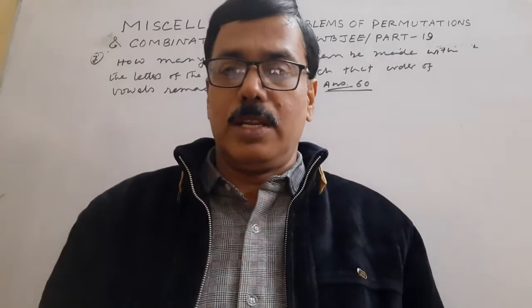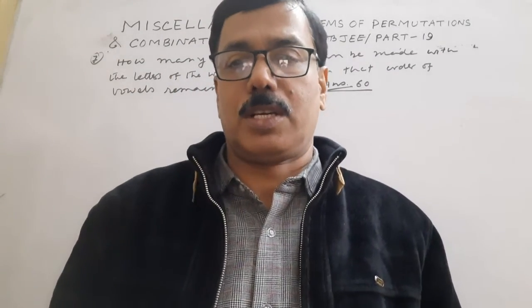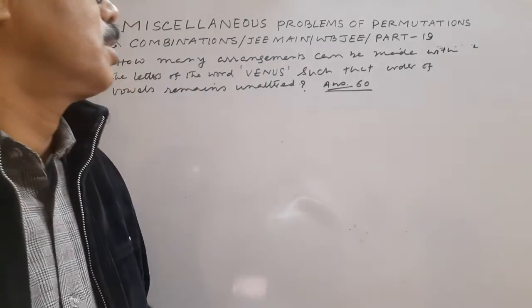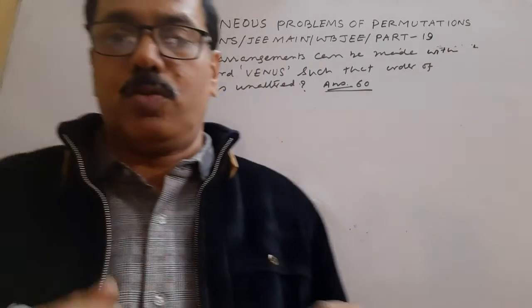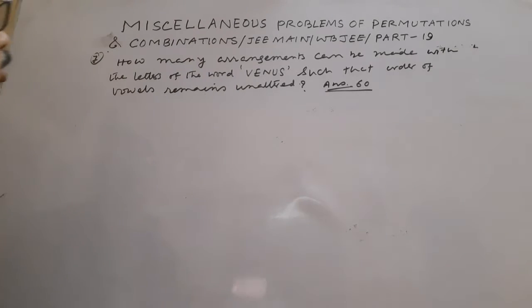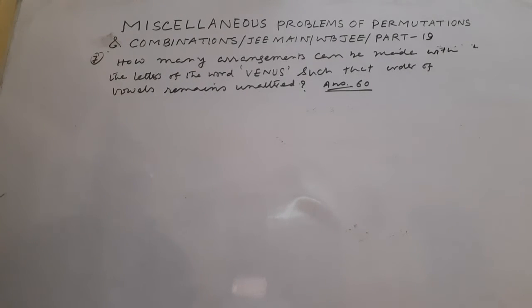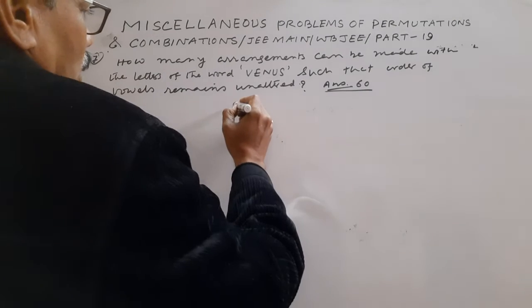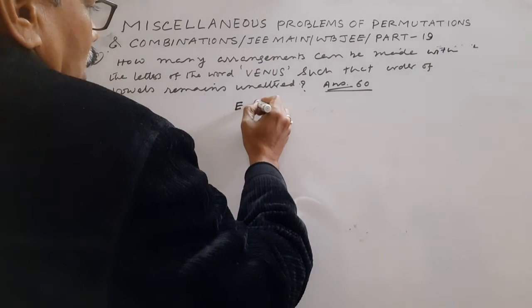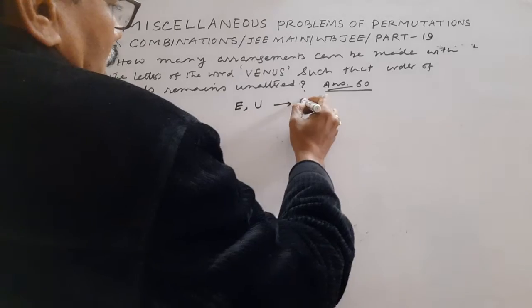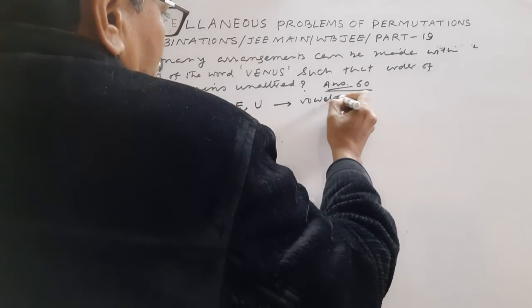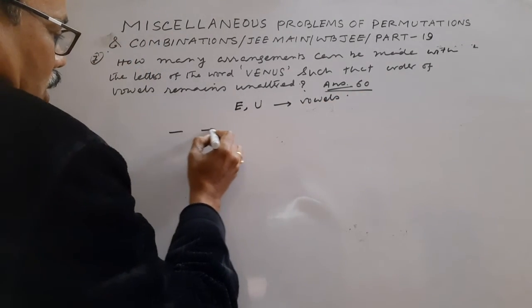So it is only a case of permutation, not selection, because out of 5 you have to use 5. Now the order of vowels remains unaltered. So look, E and U are vowels.